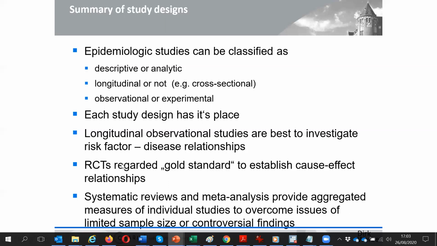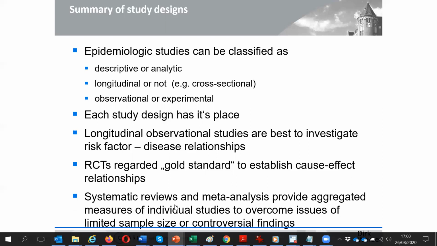Then RCTs are very good, and they are the gold standard in terms of establishing causality, cause and effect, in terms of level of evidence. Then systematic reviews and meta-analyses provide aggregated measures of individual studies, combining several studies.